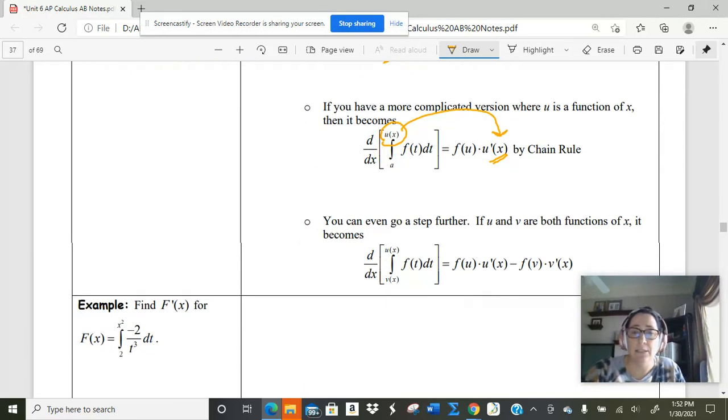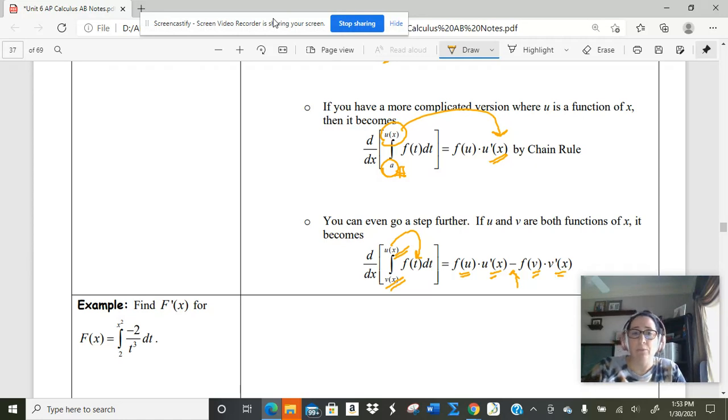Now, we can take this a step farther, and let's say that both of the bounds were functions of x. So here this was a number, but if I had both bounds that are functions of x, then I can plug in the top bound times the derivative of the top bound minus plug in the bottom bound times the derivative of the bottom bound.